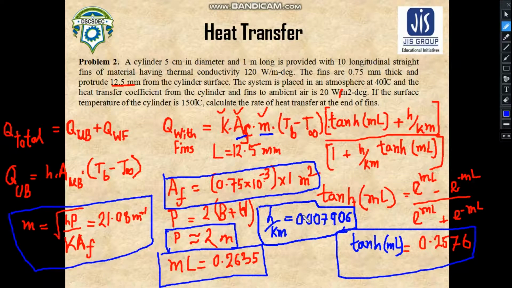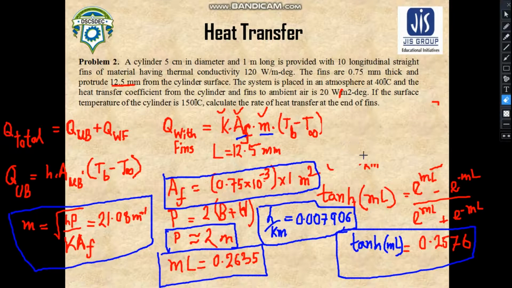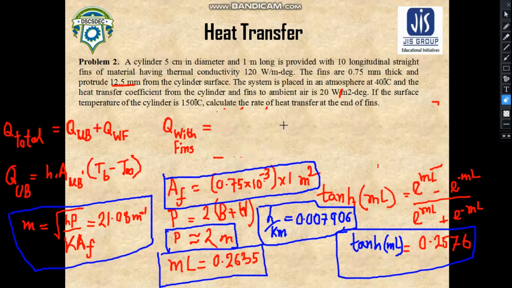So we have done these calculations, and after putting all the relevant values, you will find that this function would become 55.29 watt per fin. I will just remove this because this is causing a little bit of trouble here.